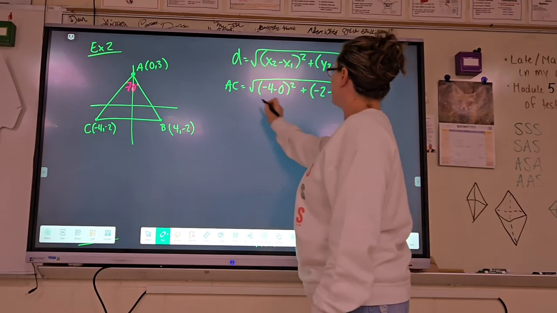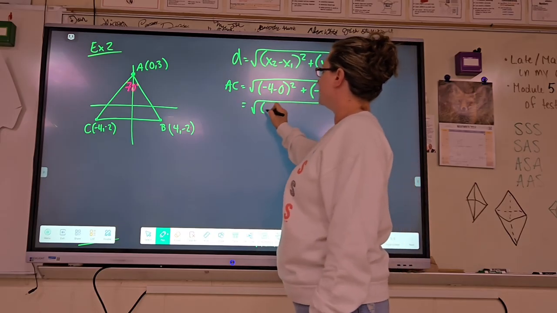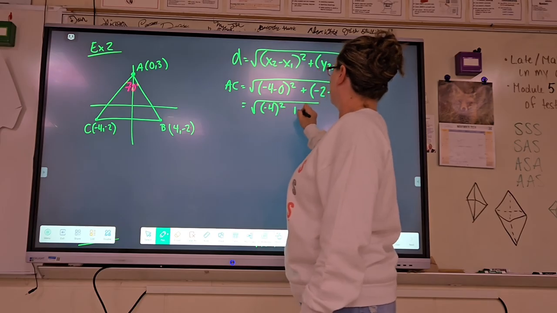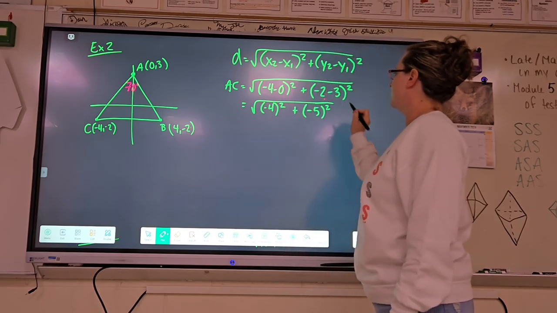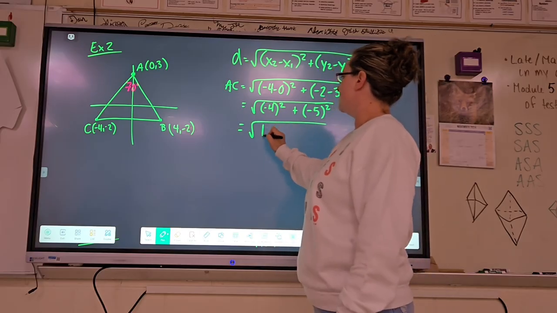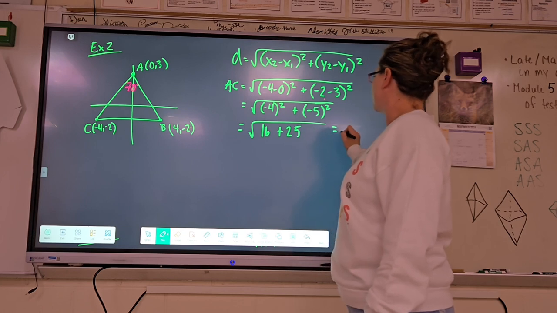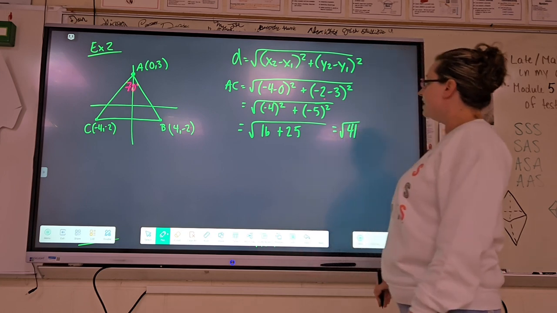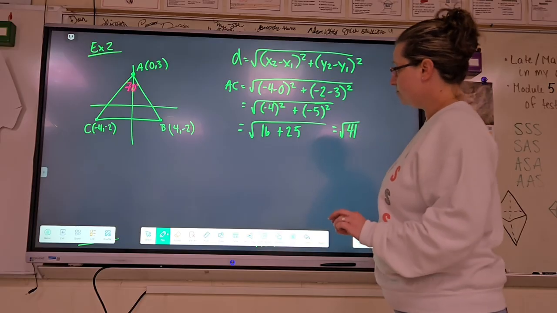I'll go below. I'm going to have -4 minus 0 is -4. -2 minus 3 is -5. So this becomes 16 positive and 25 positive, which is going to be the square root of 41. I'm just going to leave it right there for a second and see what happens on the next one.